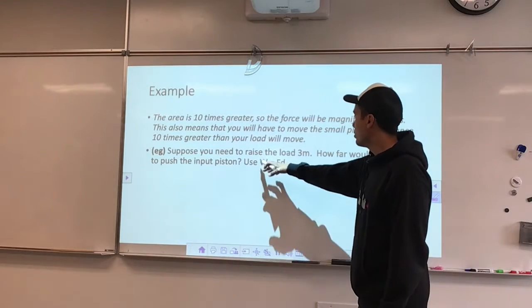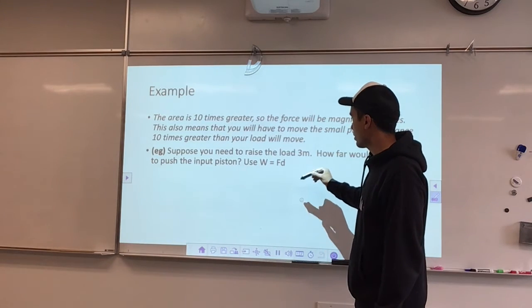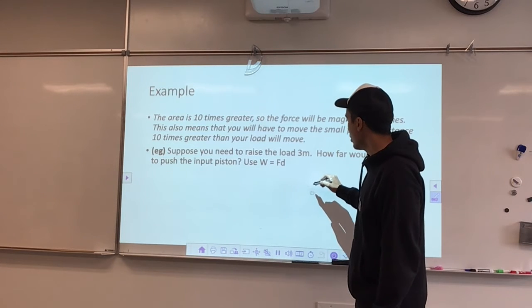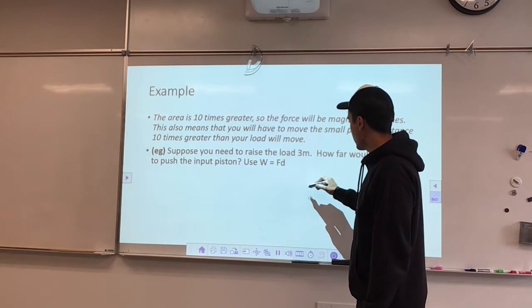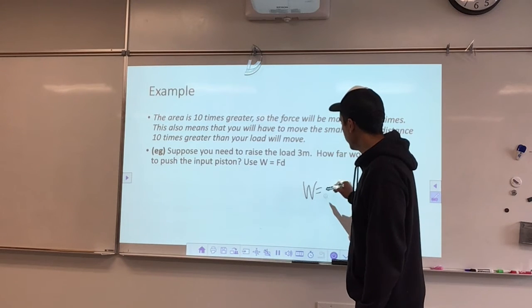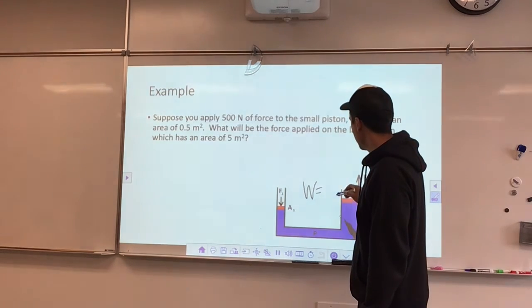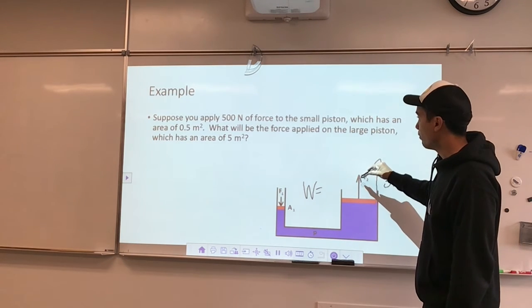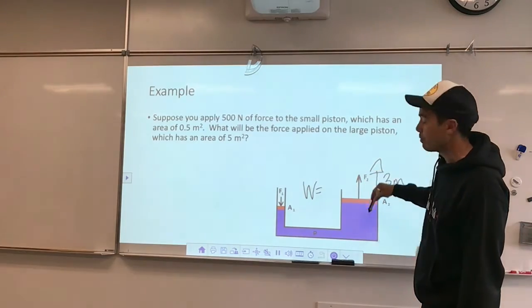So we're going to use this: work equals force times distance. And the amount of work is not going to change. So in this previous example, the work is, well, my force was, sorry, this actually before should have been 5,000 newtons, not 5,000 pascals.